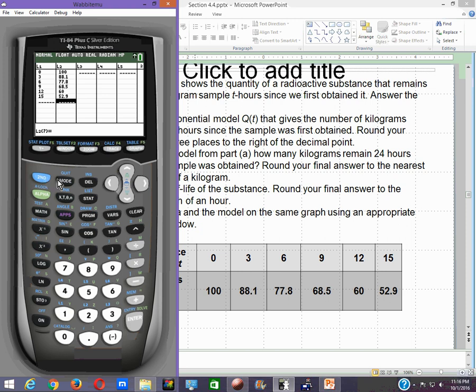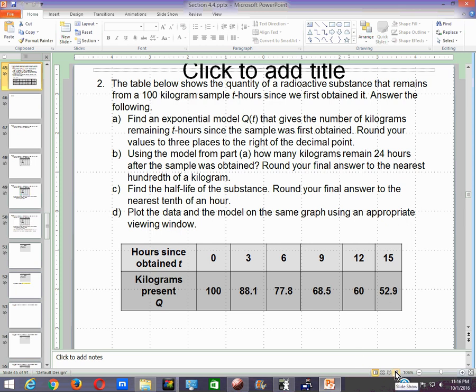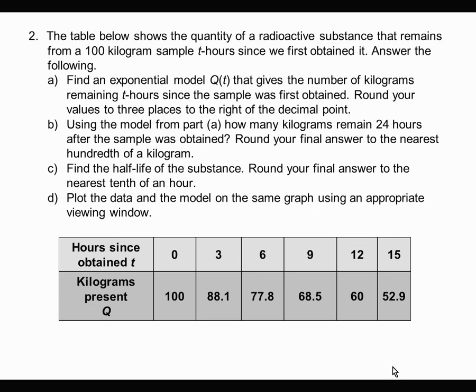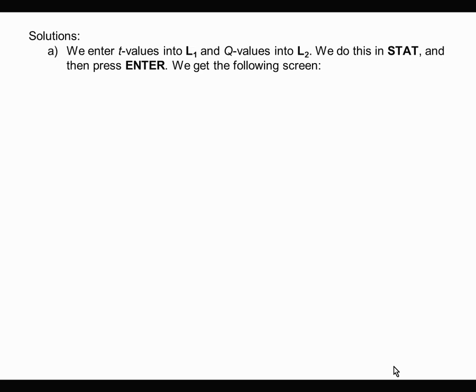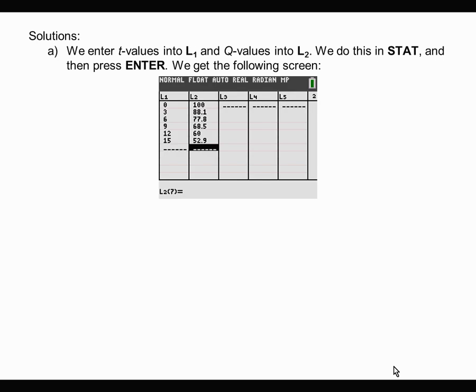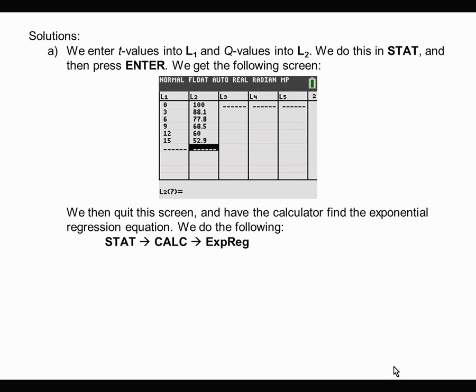And we quit that. So we've got our data entered into list 1 and list 2. Okay, we're going to quit that screen.